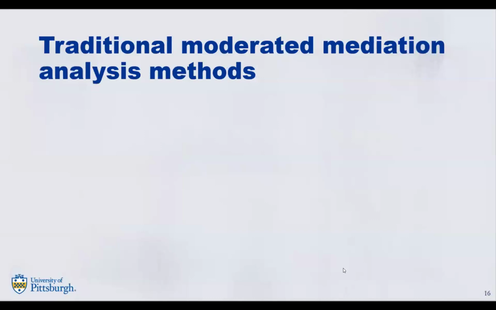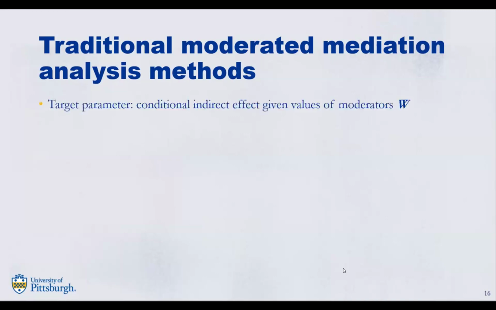Before introducing the causal methods, we're going to briefly talk about the traditional moderated mediation analysis method. The target parameter is the conditional indirect effect given values of moderators, which we denote as W here. Traditionally, people estimated the conditional indirect effect by extending the path analysis models.